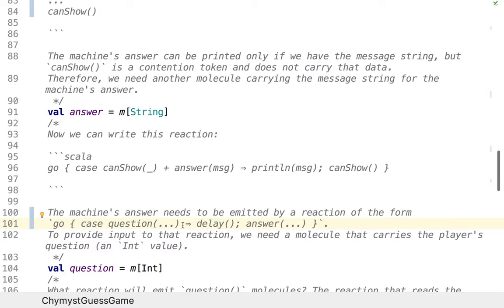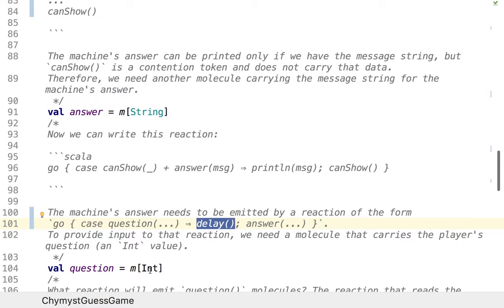Well, it needs to consume some molecule. No reaction can start without consuming a molecule. So let's say this molecule is called question. And clearly, this molecule should carry the user's question data on it. Then we can make a delay and send the answer, compute the answer and send it. Now the delay is just imitating a computation in this little tutorial.